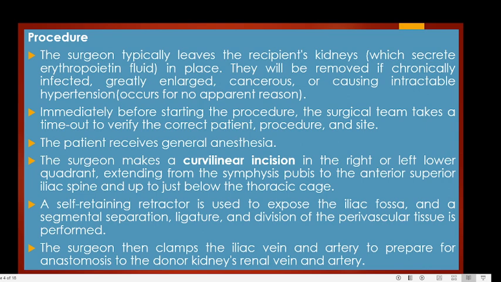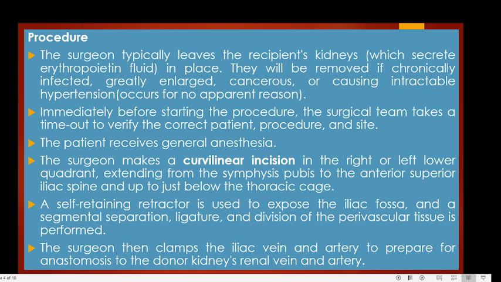The surgeon makes a curvilinear incision in the right or left lower quadrant. This extends from the symphysis pubis to the anterior superior iliac spine and up to just below the thoracic cage.